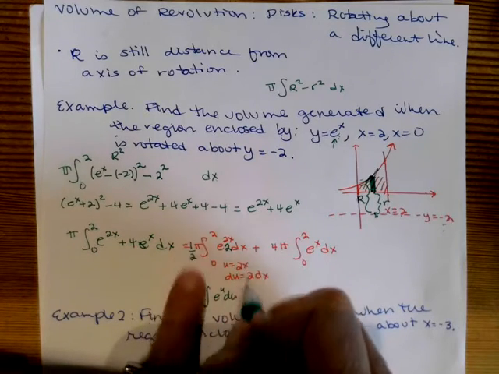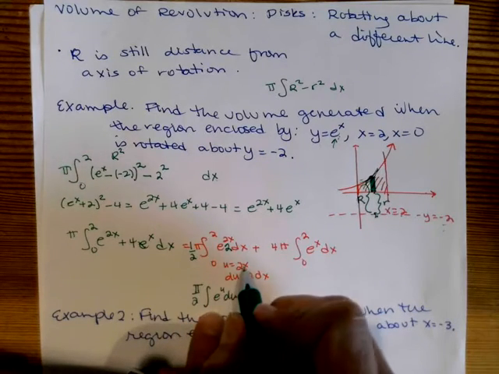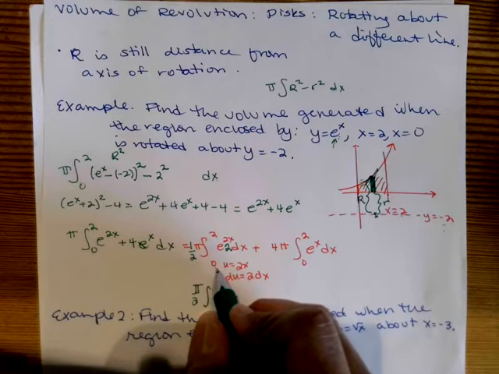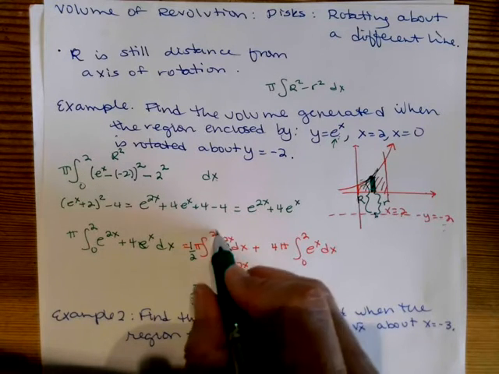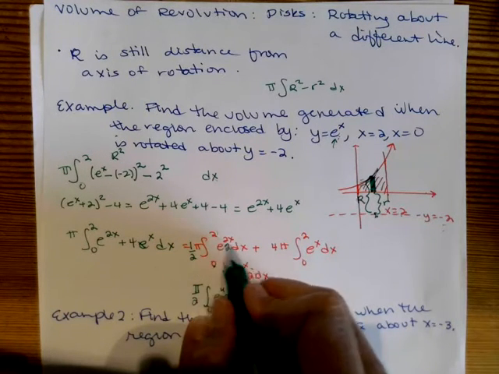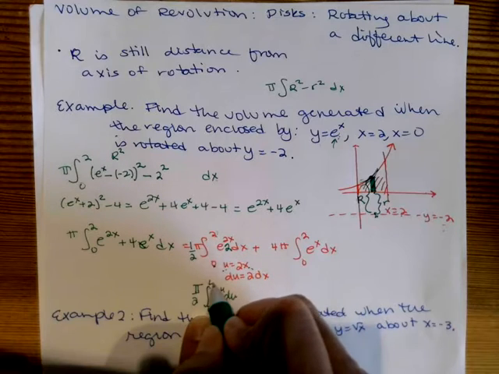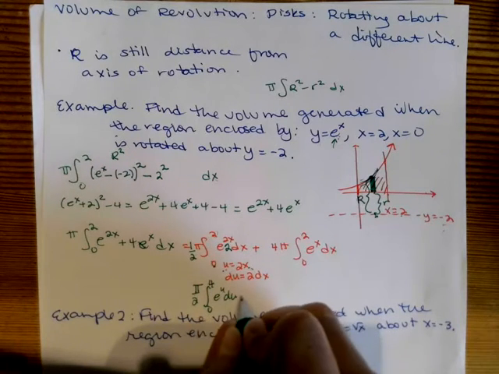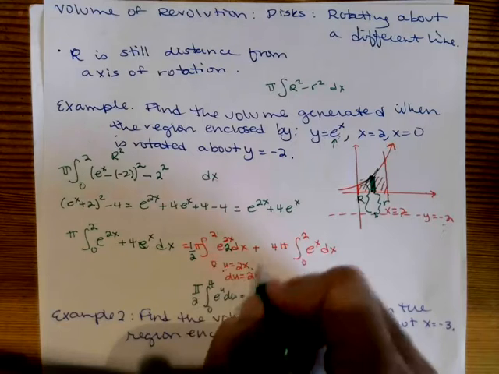I'm just looking at this first part. Now I'm going to switch my limits of integration. These are x's here in red: if x is 0, then u is also 0, and if x is 2, then u is 4. So integrating, I'm just doing this first one now.